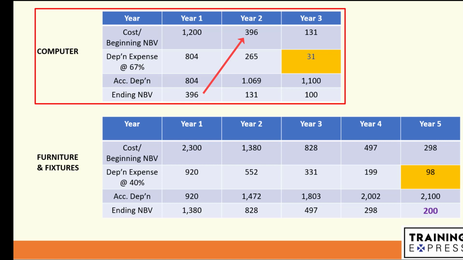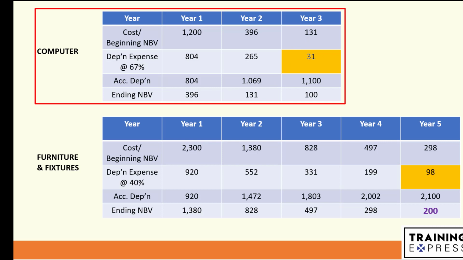Year number 2, we will start with the 396. We will calculate depreciation on 396 at the rate of 67%. So it will be 265. Accumulated depreciation will be 1069, and our ending net book value will be $131. Year number 3, we will start with $131.